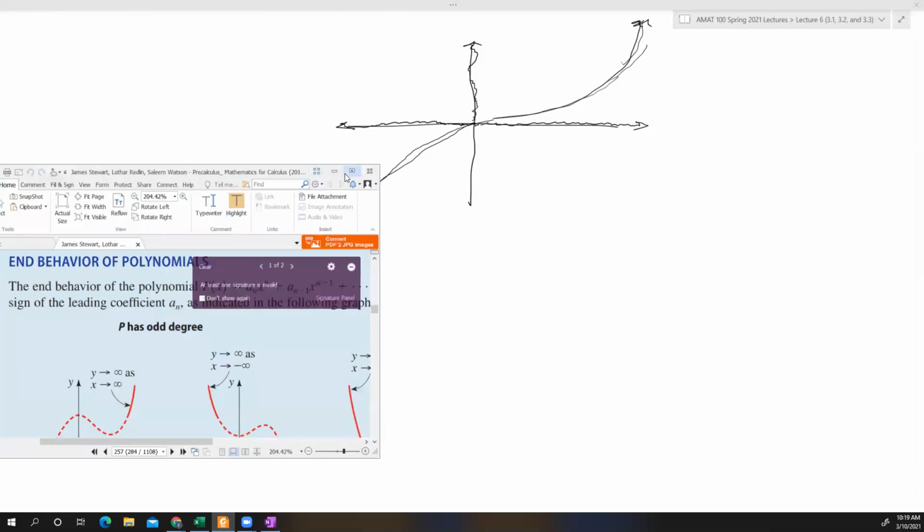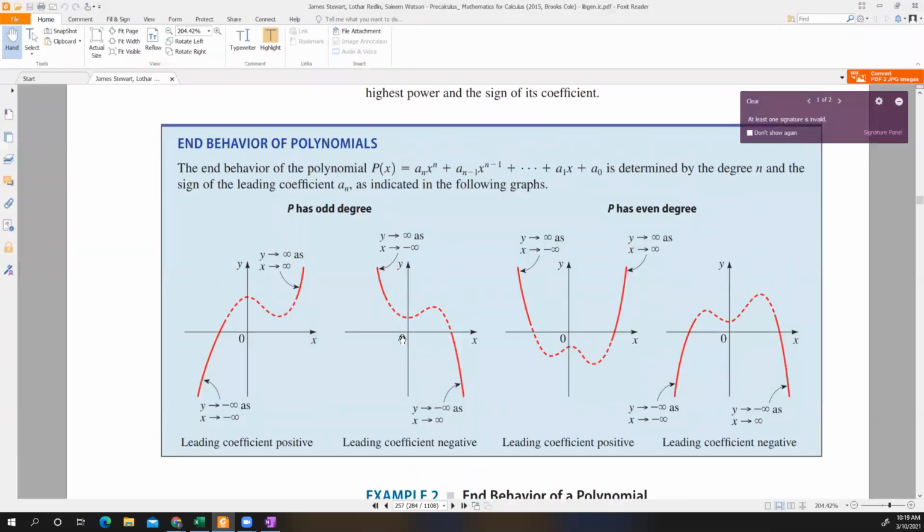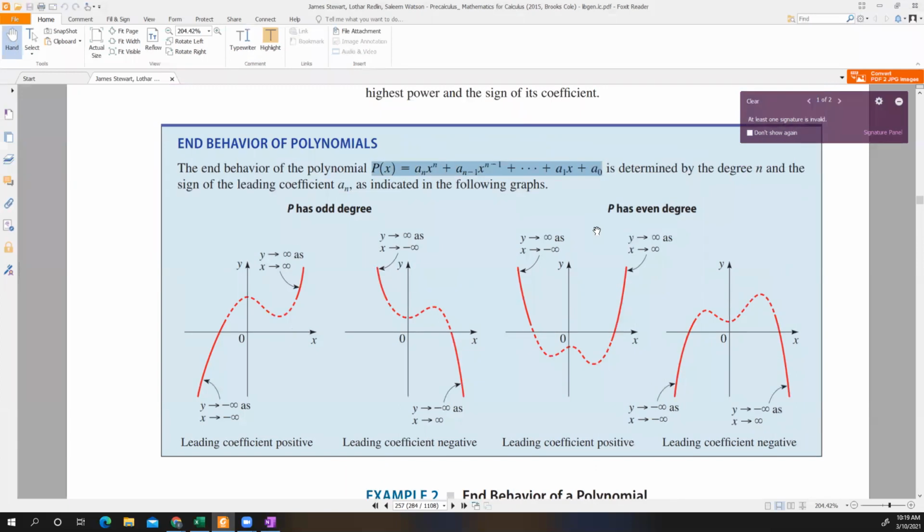There's a lot going on in this box right here. If you take a polynomial, then the degree determines these limits, or these end behaviors. First of all, I'm sorry, it's not just the degree, but it's also the leading coefficient.